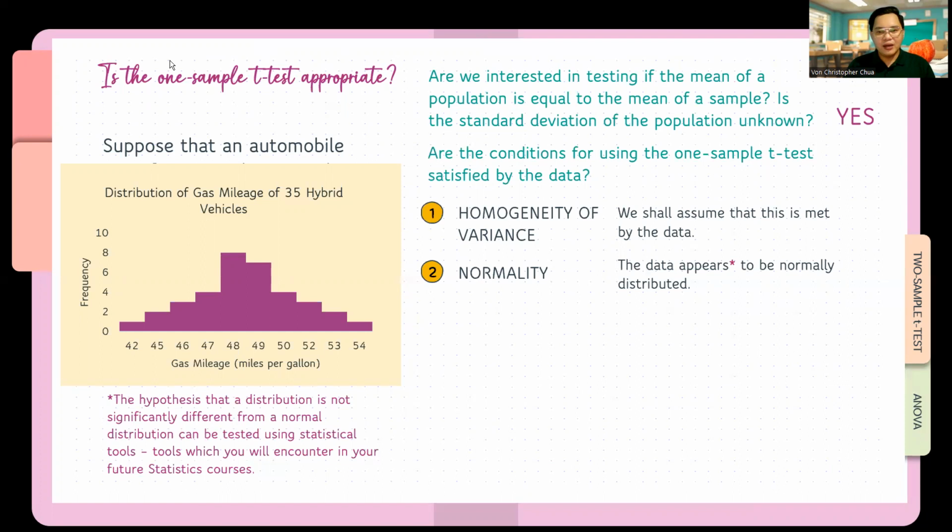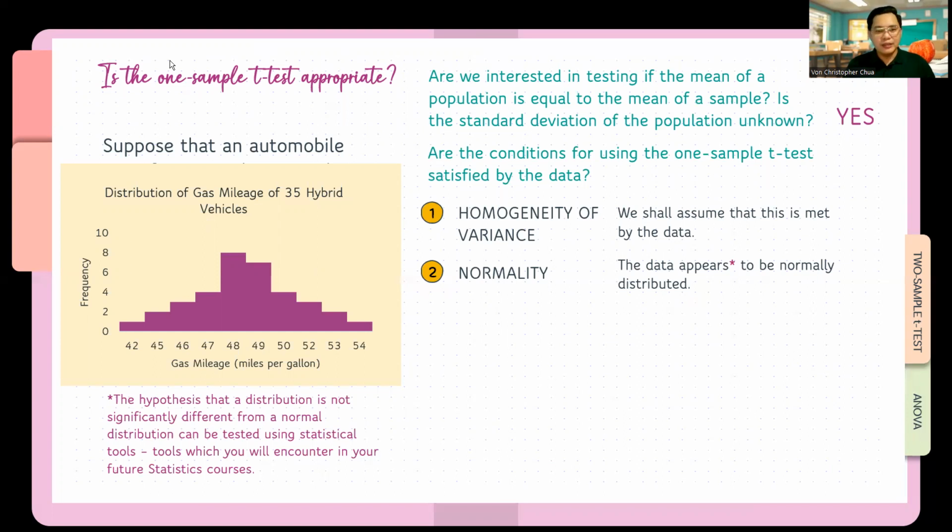So we can say that the condition for normality is met by the data. But we take note, however, that depending on the histogram to determine whether or not the data is normal is quite subjective, because one person can look at the same histogram and say it's normally distributed, while another person would say that it is not normally distributed.